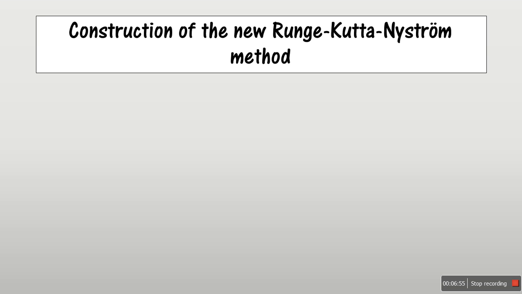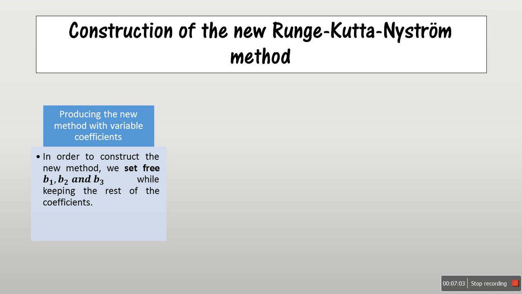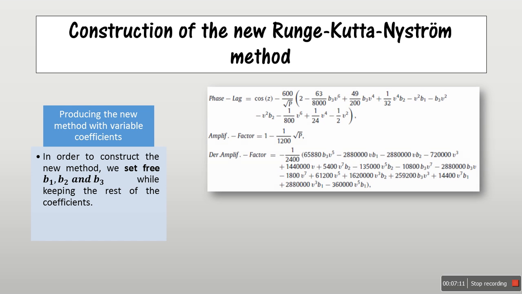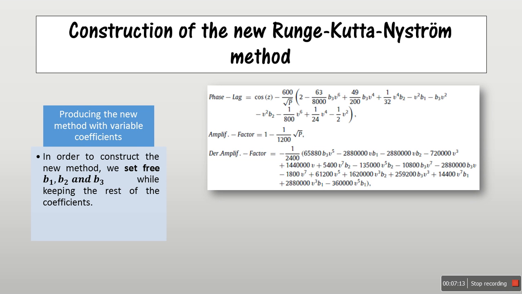So now we'll look at the construction of the new Runge Kutta method, which is the main focus of our research paper. To produce the new method with variable coefficients, they set free B1, B2, and B3. So the variable coefficients were the phase lag, the amplification factor, and a derivative amplification factor.